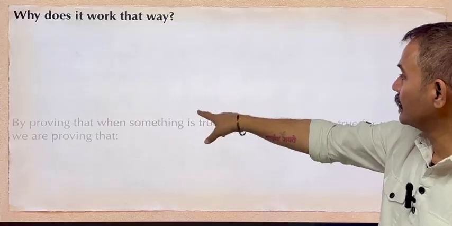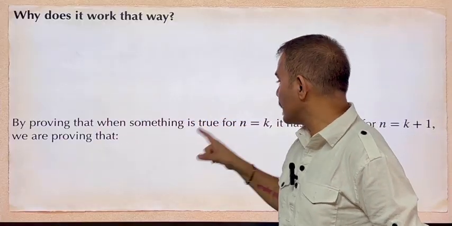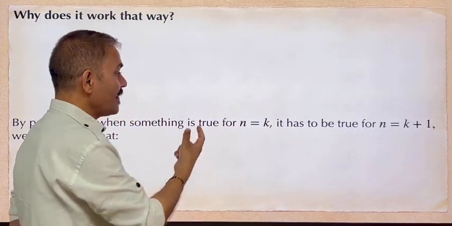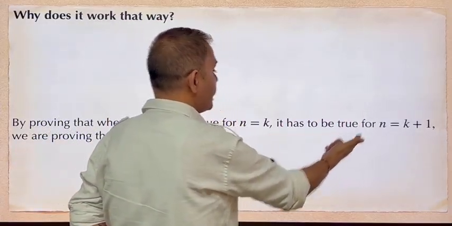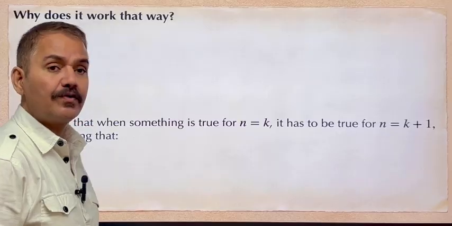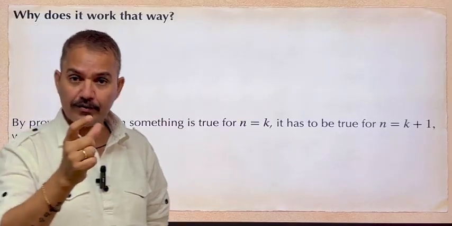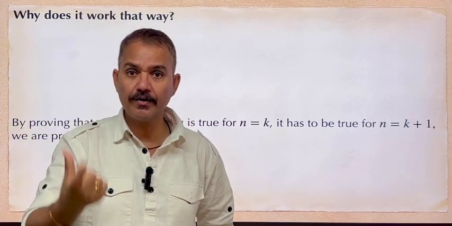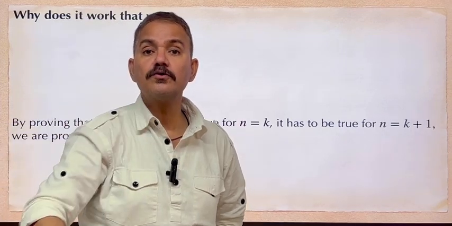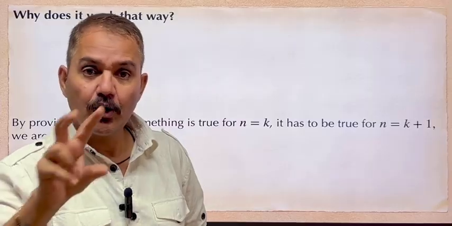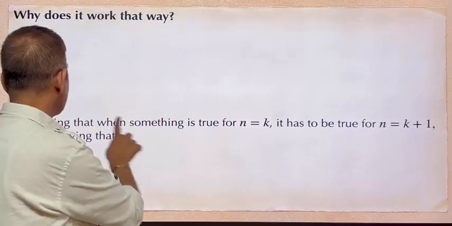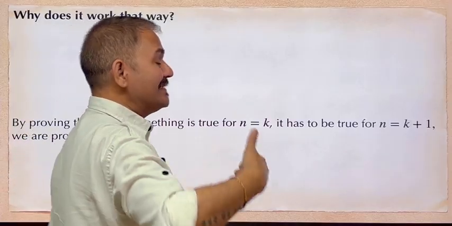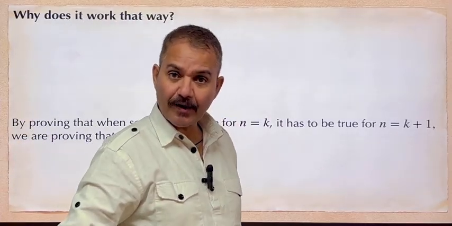Why does it work? When you prove that if something is true for n equal to k, it has to be true for n equal to k plus 1. If you recall, we assumed that the statement was true for n equal to k, and then you proved it is true for k plus 1.